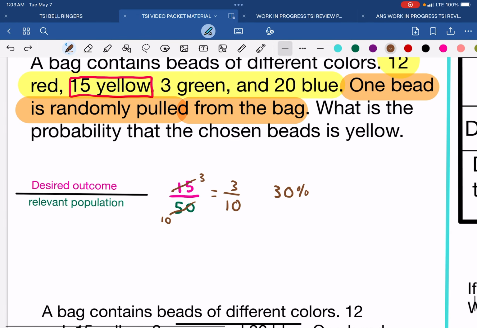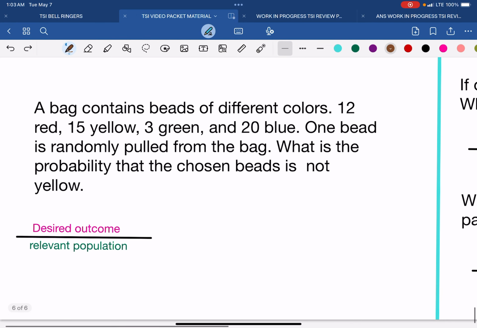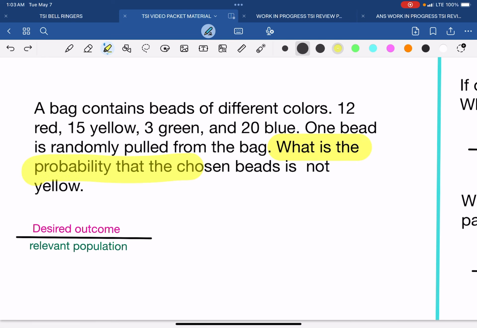All right. So let's go ahead and look at the next question. Same bag, different question. What is the probability that the chosen bead is not yellow? So we want to choose a bead that is not yellow.